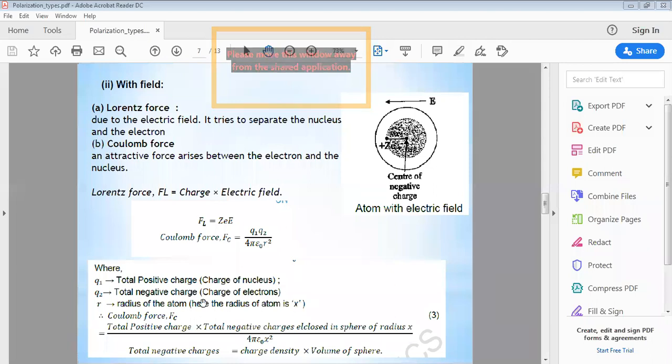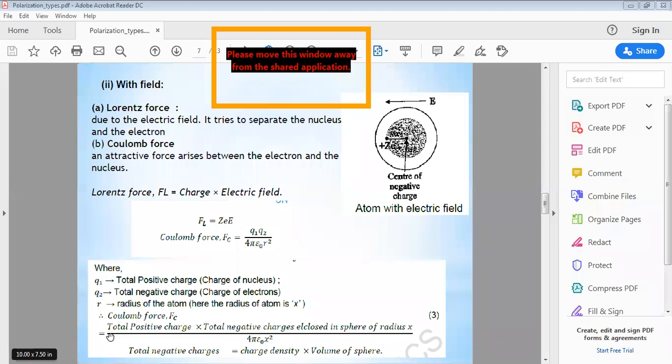Okay, so the radius R here we are considering as X, the distance which is moved, between the nucleus and the electron cloud. So the Coulomb force is given by the total positive charge. What is the total positive charge?